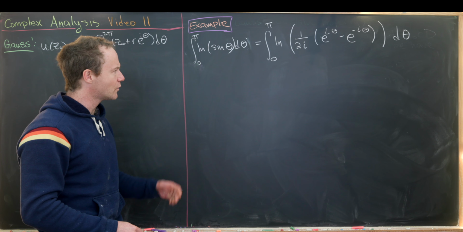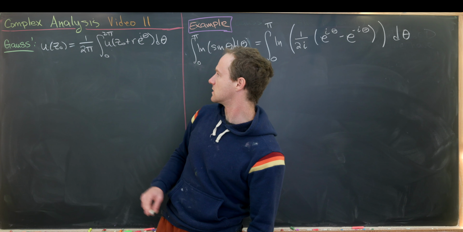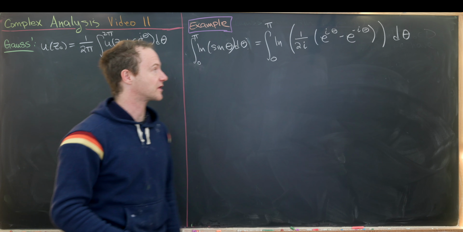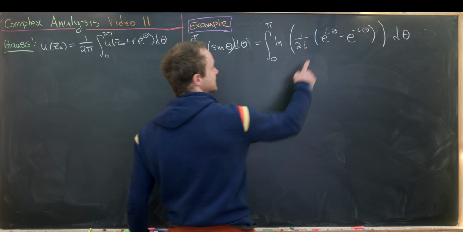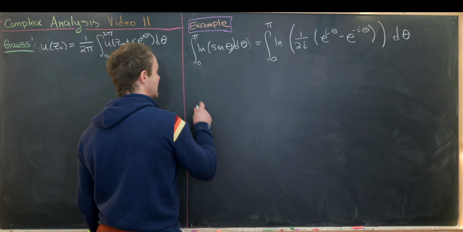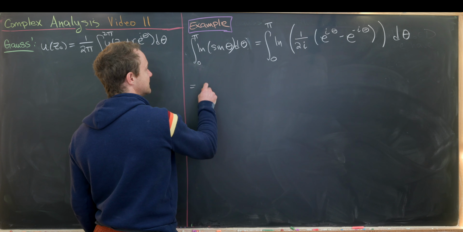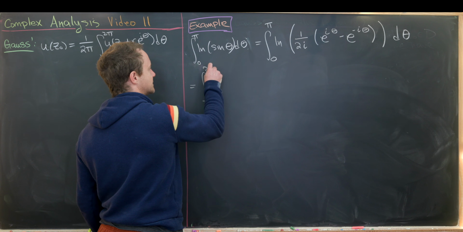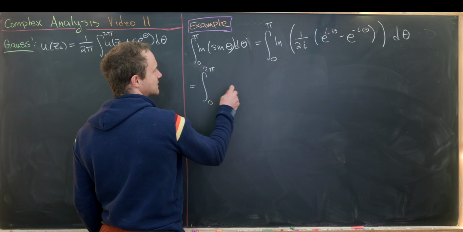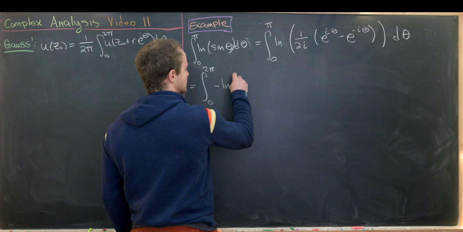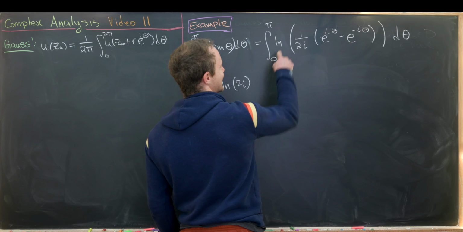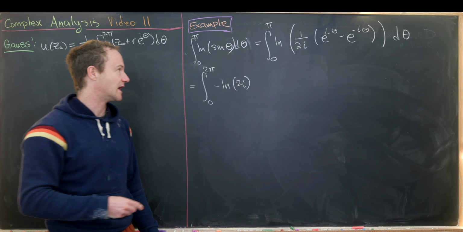And I'm going to do one more thing to start making this look a little bit more like what I've got over here. And that will be to factor e^{iθ} out. So that's going to give me the integral from 0 to π of minus the natural log of 2i. I'll go ahead and take that out because we're dividing by 2i there.